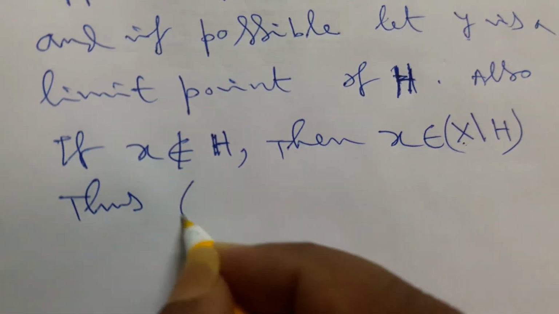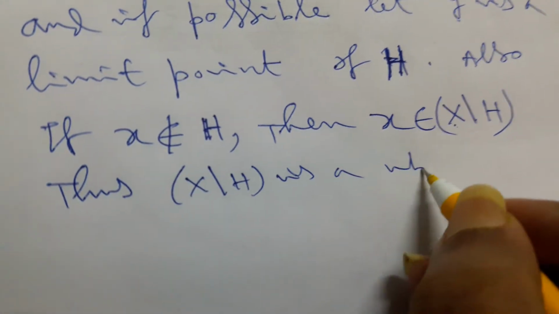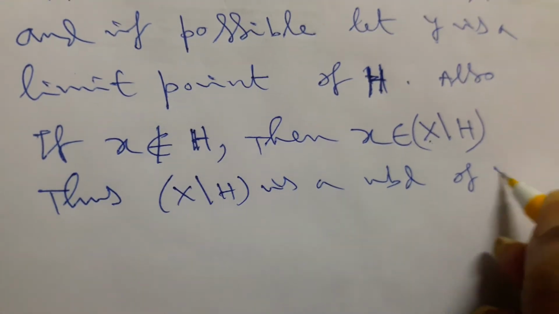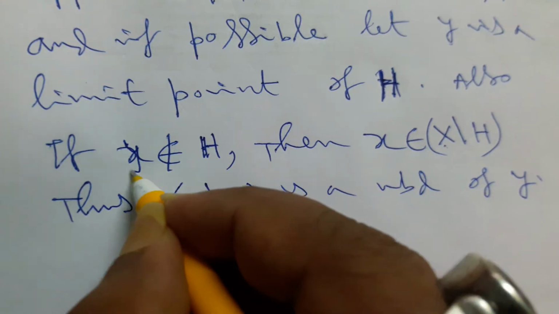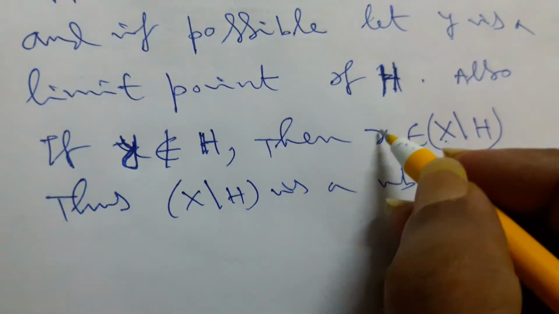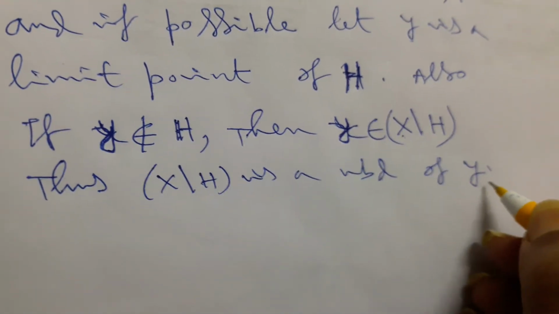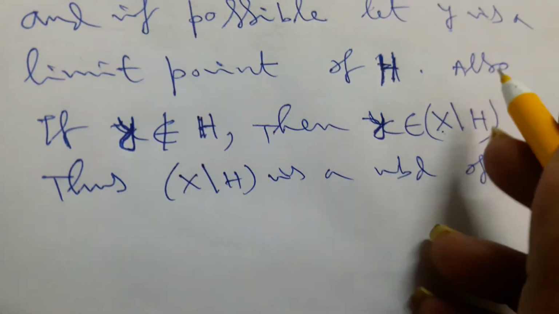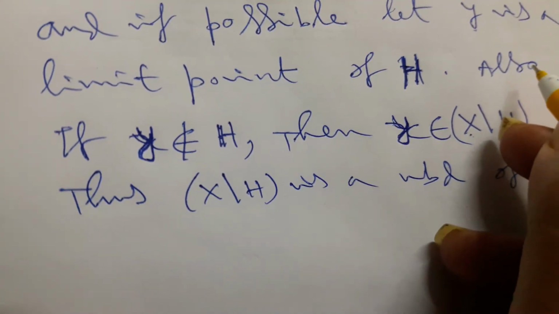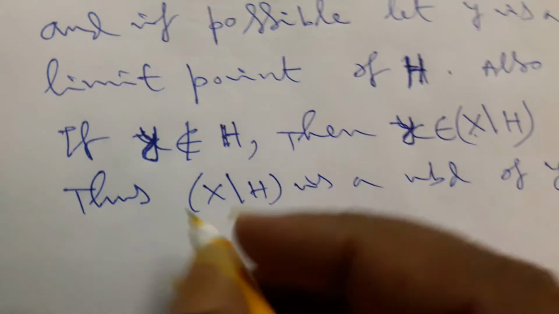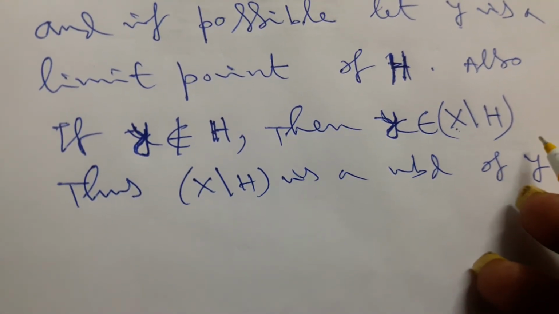Thus X minus H is a neighborhood of y. We take the limit point arbitrarily, that's why it is y, not x. So it is a neighborhood of y, and x, y are arbitrarily chosen. No matter whether x, y, z, whatever.